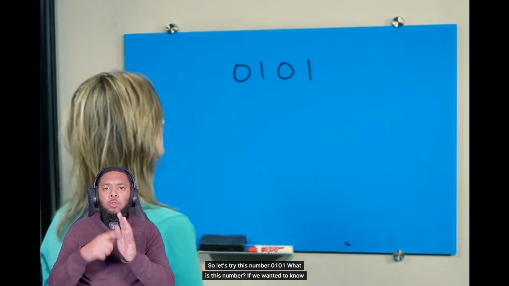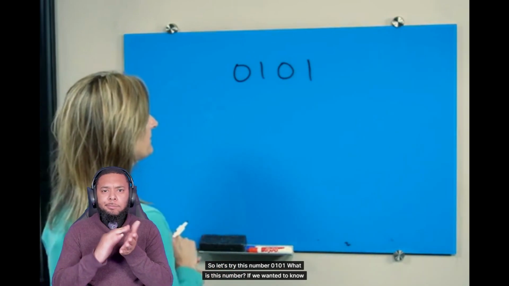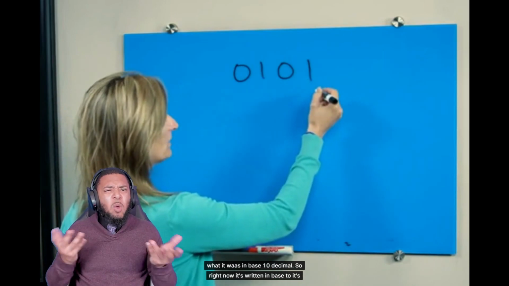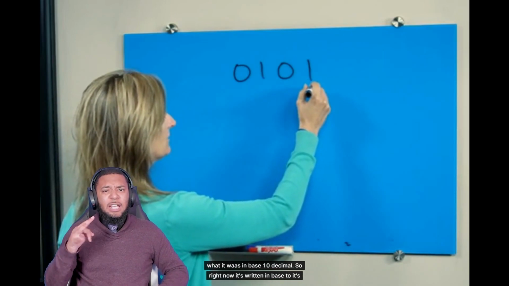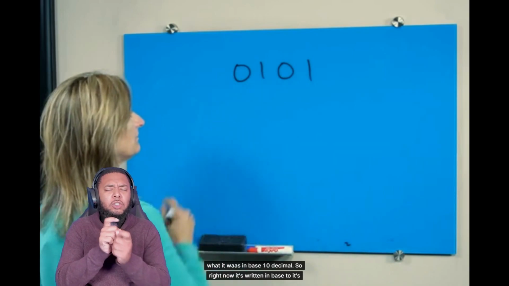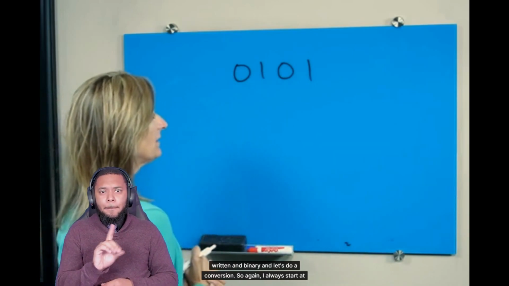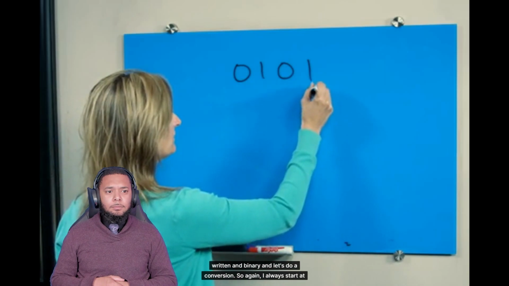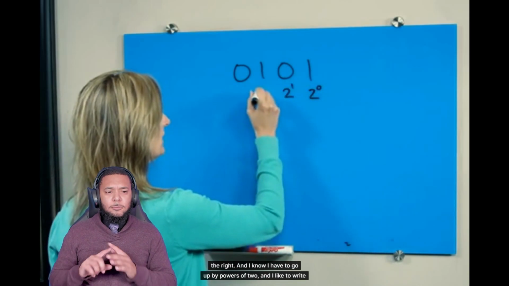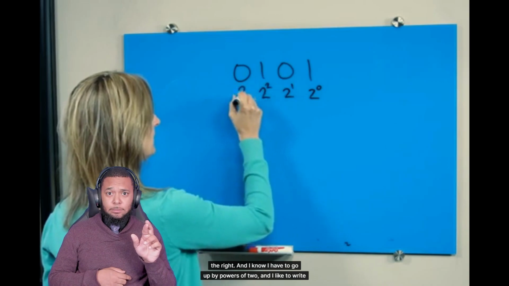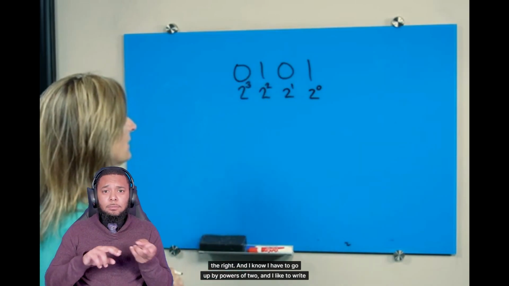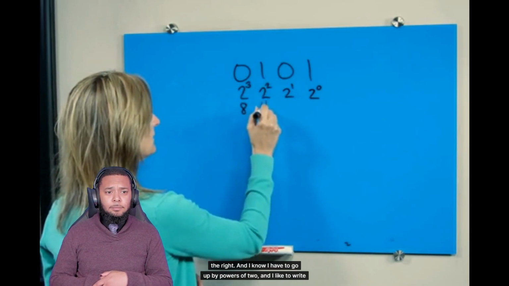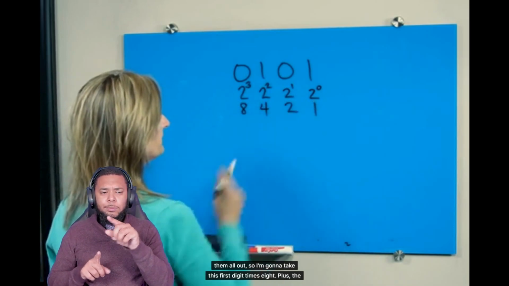So let's try this number, 0101. What is this number if we wanted to know what it was in base 10 or decimal? Right now it's written in base 2, in binary, so let's do a conversion. Again, I always start at the right, and I know I have to go up by powers of 2. And I like to write them all out.